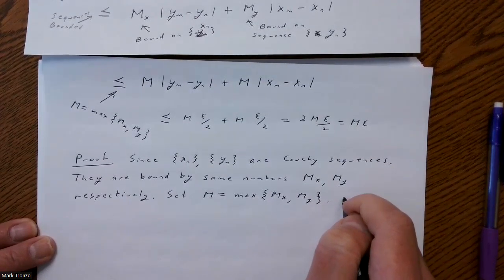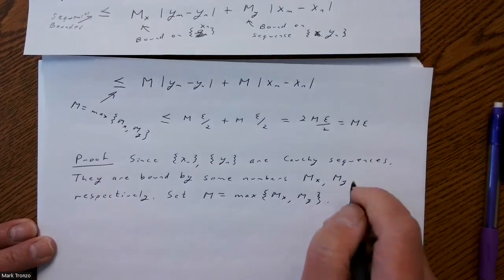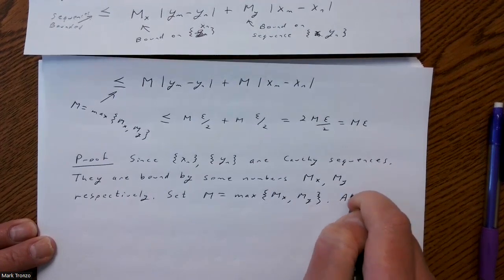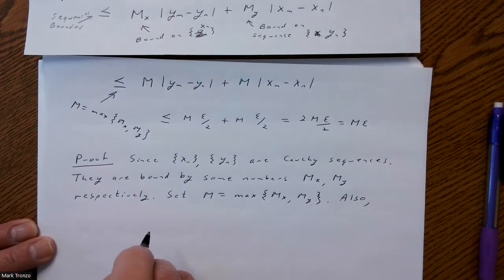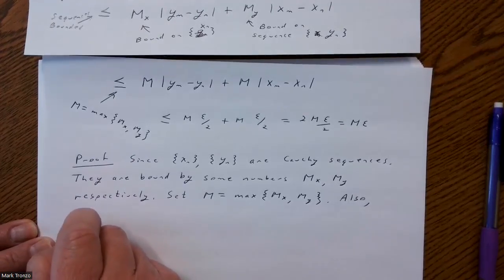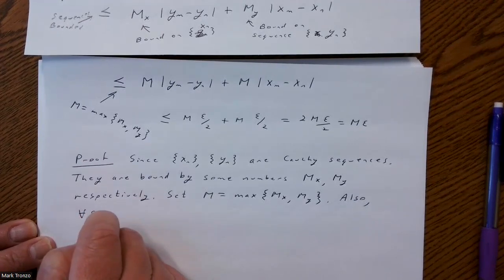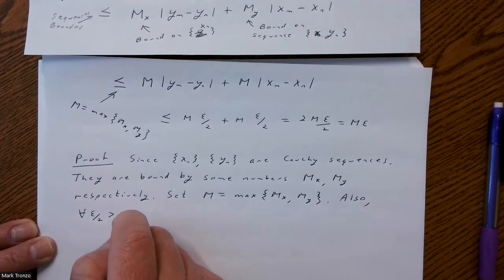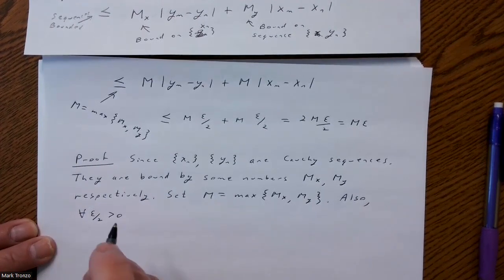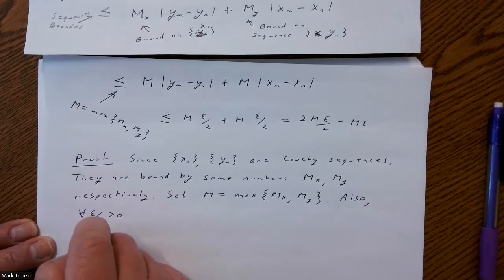and once again, let me just think of how we want to say this. Also, yeah, for all epsilon over 2 greater than 0, and you could maybe even put it in here, maybe epsilon over 2m.